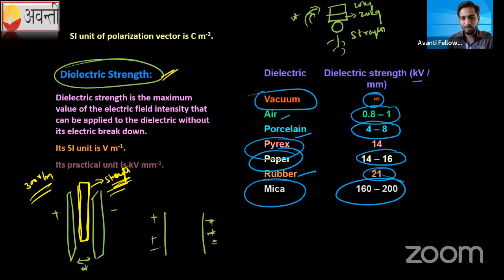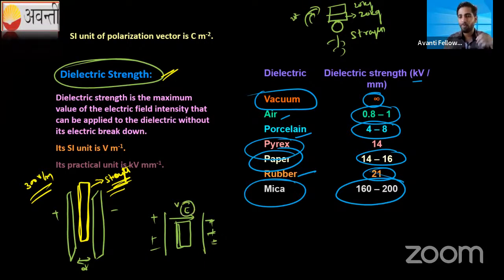Between these two there is some potential V, say. Now this is the electric field. Now this is the substance which I'm keeping here, a dielectric medium. If the dielectric medium is not working, meaning the external electric field strength is more than it can bear, then at this time it won't work.